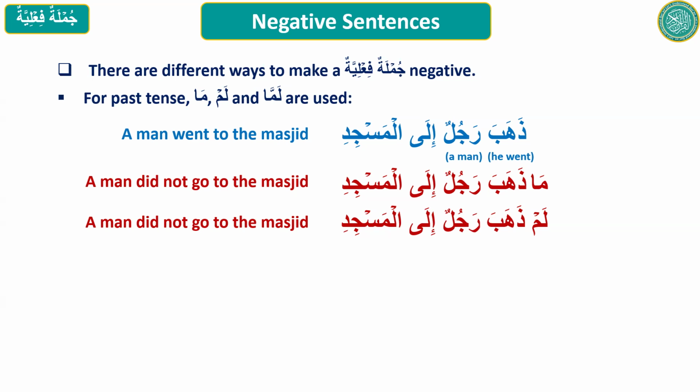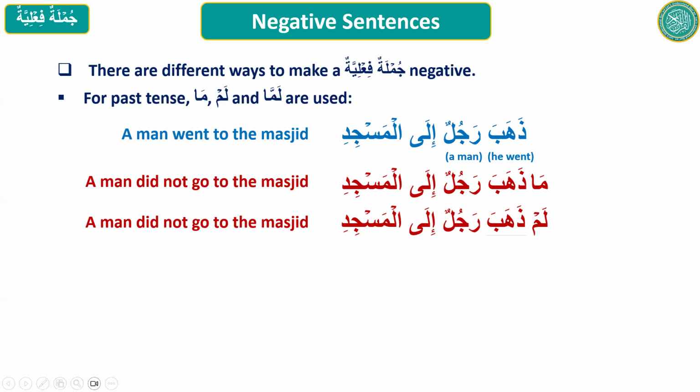Lam is used for past tense negation, but it always comes with al-fi'lul mudari. This is a strange thing. Lam always comes with al-fi'lul mudari, but changes the meaning to madi, the past tense. So lam zahaba rajulun ila al-masjidi is a wrong sentence.